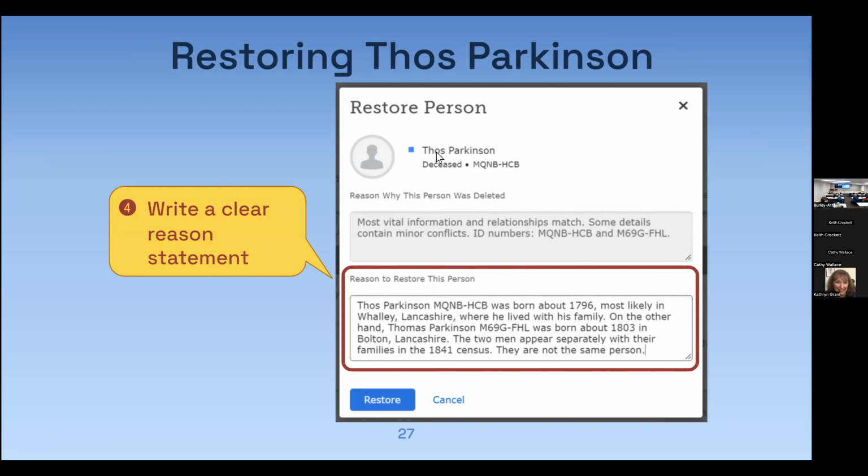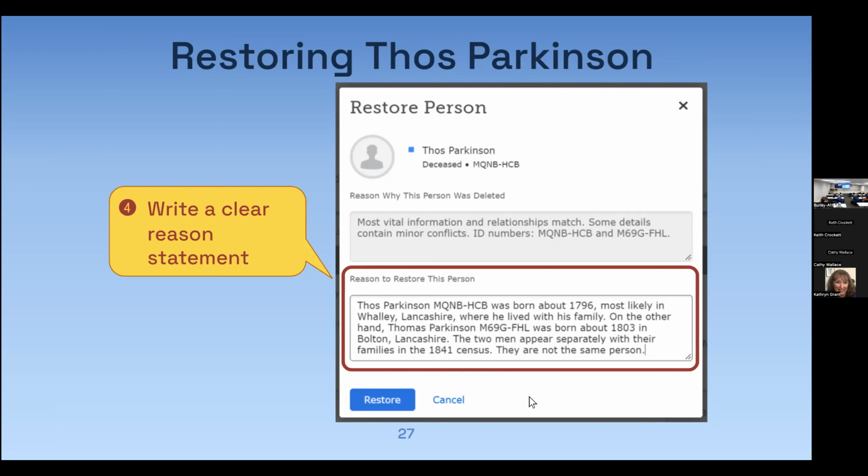This Thomas Parkinson, according to my research, was born in 1796, most likely in Wally. I never actually found a birthplace, but he was always there in the census, and he lived there with his family. On the other hand, the other guy was born 1803 in Bolton, and they both appear separately in the 1841 census, so therefore they cannot be the same person.